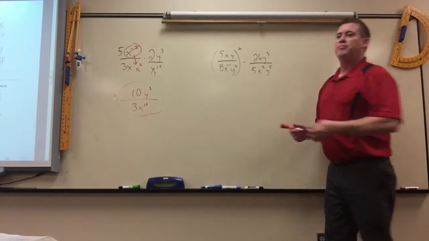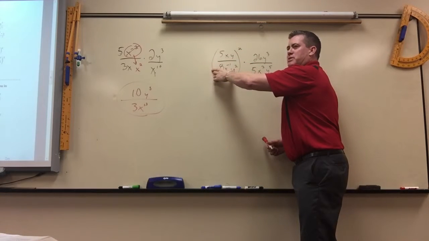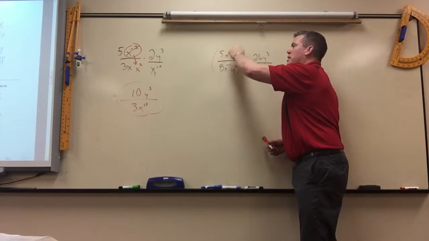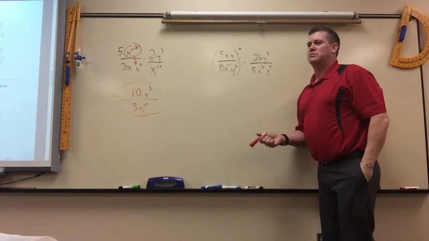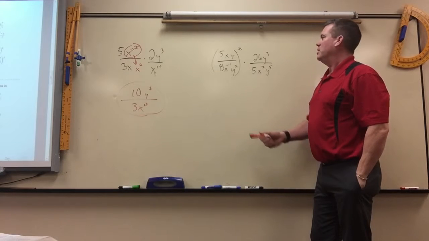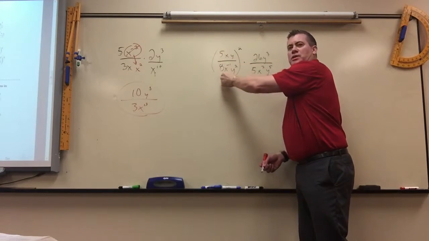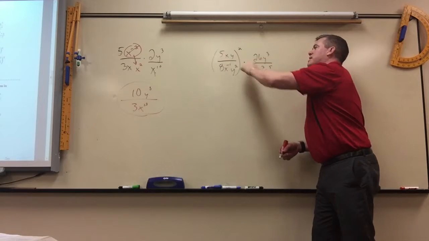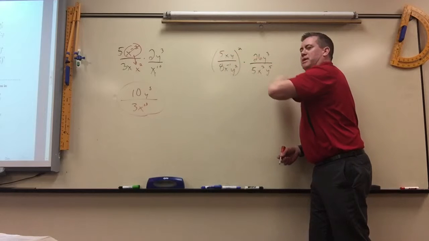This one, you could simplify this first because it's in parentheses, or you could square everything first. It's usually easier to simplify everything first. So, the 5 over the 8, you can't do anything with, and you can't cross cancel this yet because you got to do exponents before you multiply or divide.